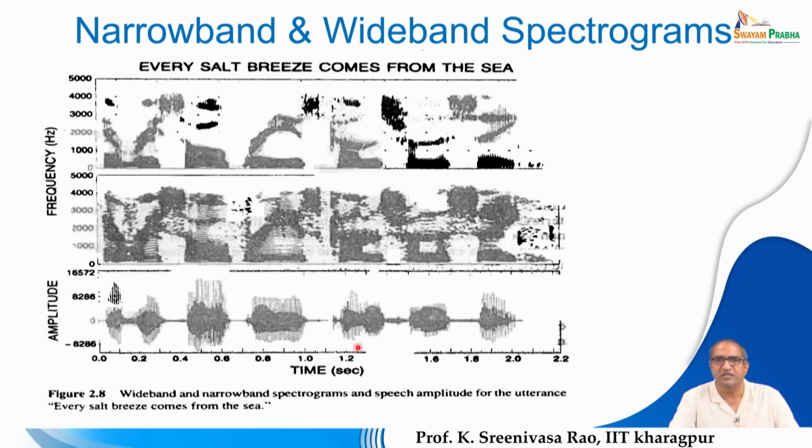Since it is a non-stationary signal, we need to apply the Fourier transform on very short segments. If you take a duration of about 20 to 30 milliseconds, the signal appears to be stationary during that smaller duration, without much variation. So for computing the spectrum of this time domain signal, we apply the Fourier transform on shorter segments known as frames, roughly 10 to 30 milliseconds.